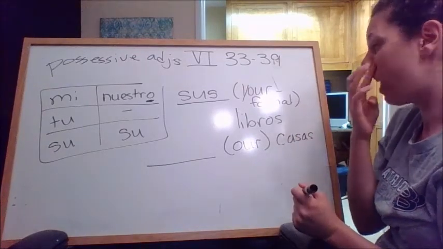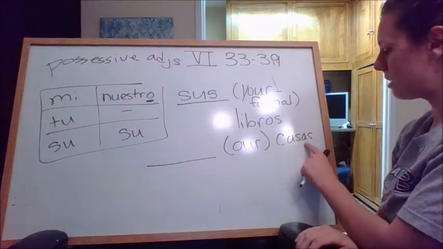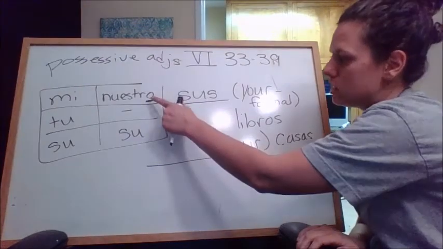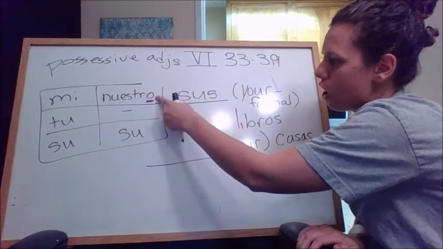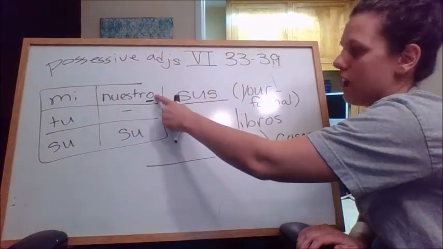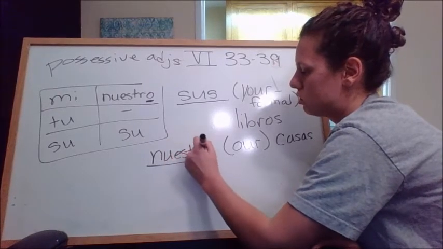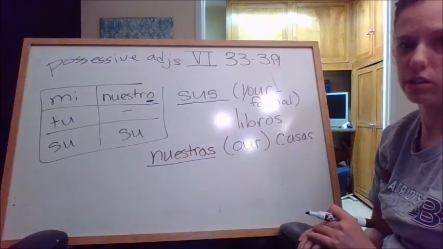So the word for our is nuestro, but this is feminine and plural. So that means that we actually have to pay attention to gender with this one, plus we have to make it plural. So this O changes to an A, and then we add an S. So this becomes nuestras. Okay. So that's all you got to do for that section.